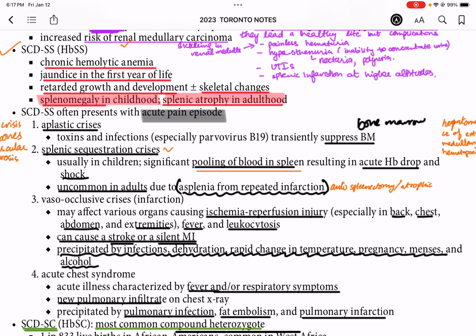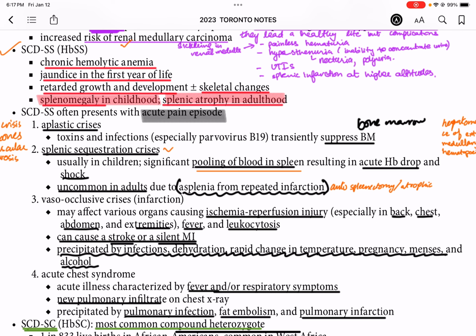Because there's vaso-occlusion going on in all of the organs because of the hemoglobin S polymerization. So the spleen gets bigger and bigger in size, and then there's vaso-occlusion, and the spleen is not perfused properly.